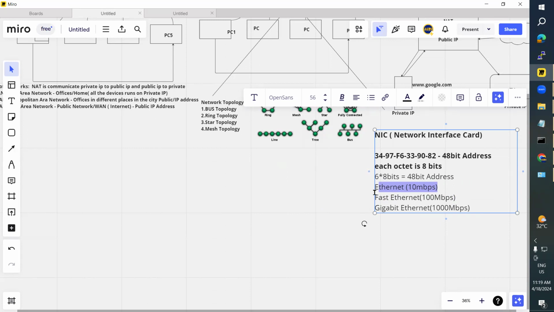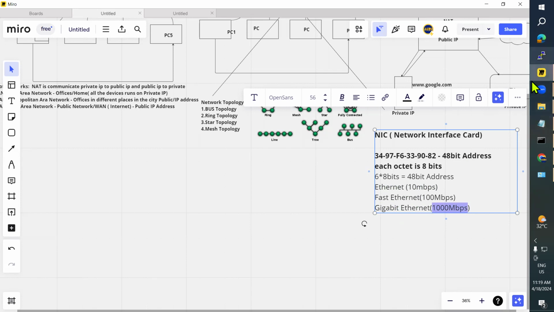And gigabit Ethernet, 1000 Mbps, usually servers have these Ethernet cards. Based on the NIC card, the network speed will be there. This is hardware.